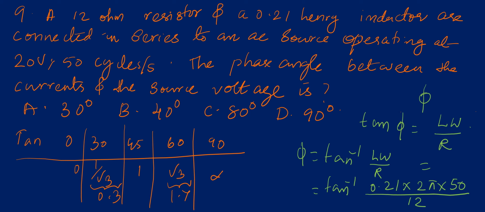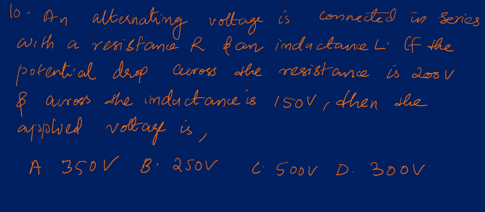When you calculate, you will get tan inverse 5.5, and this is about 80 degree. So option C is the correct one. I have given the reference for tan for different angles also. From this, definitely 5.5 is greater than 1.7, so the angle is greater than 60 degree. So option C is the correct one.